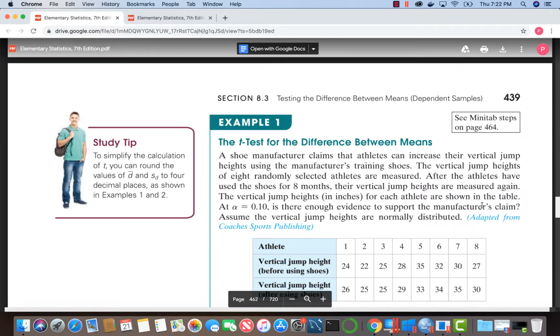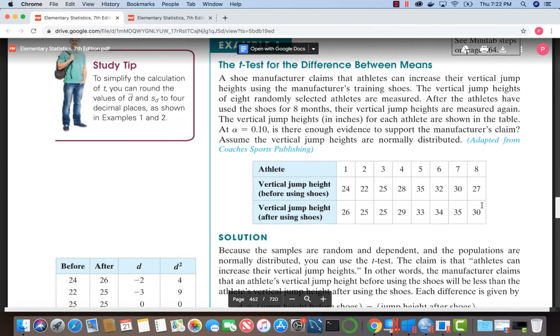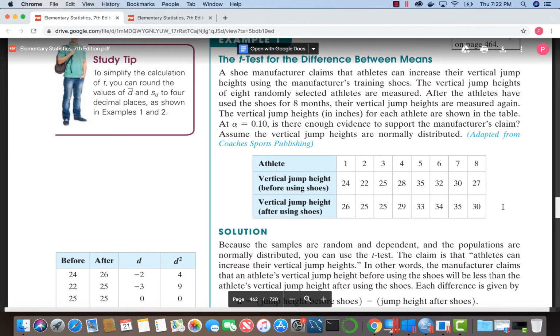So we want to just go straight to the SPSS. We will overlook some of that, but we can compare it later with how they would proceed that way. So let's take a look at this example together.